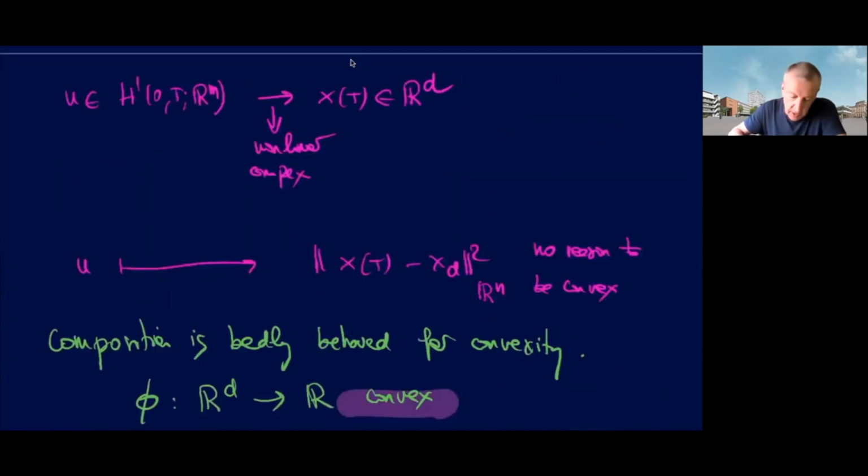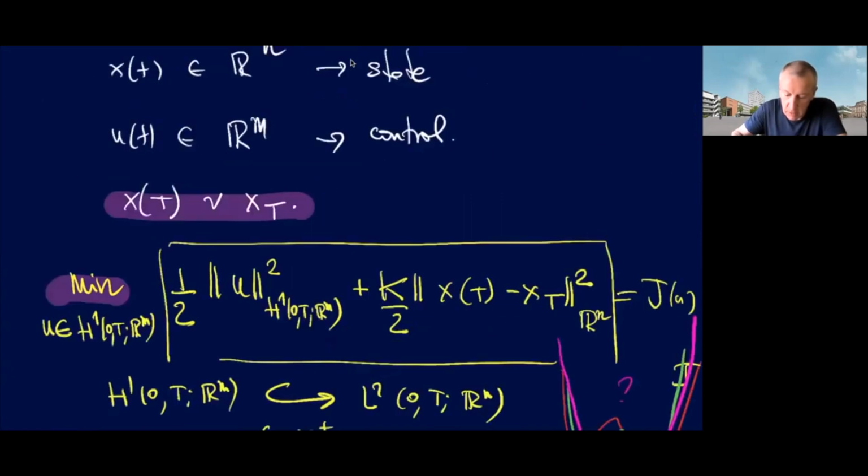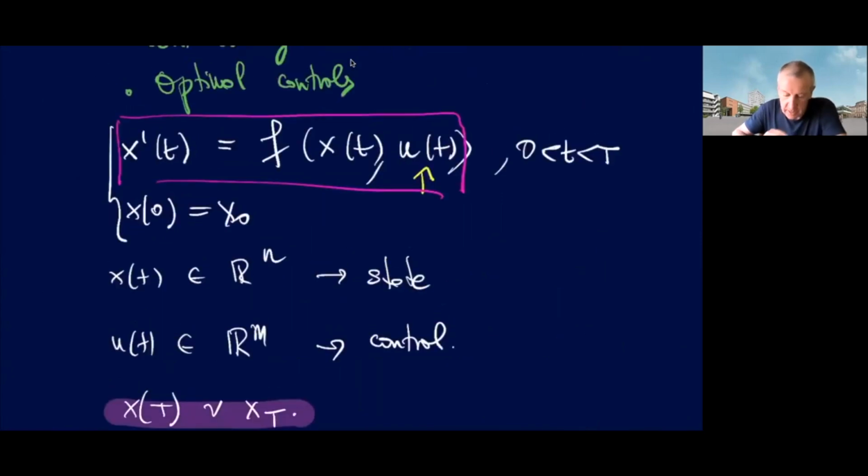Which in the case of this differential equation, when is the mapping from U to x linear? When is this solution map from U to the solution x linear? Only when I am dealing with a linear system, and the control U appears on the right-hand side as an additive term.